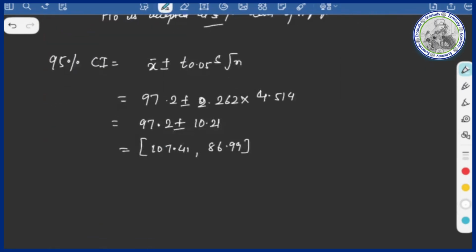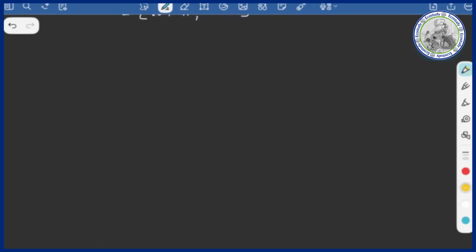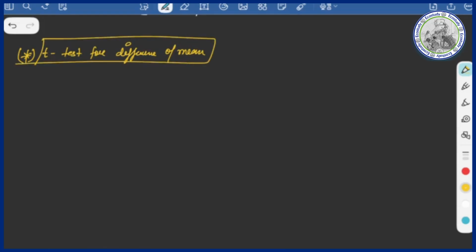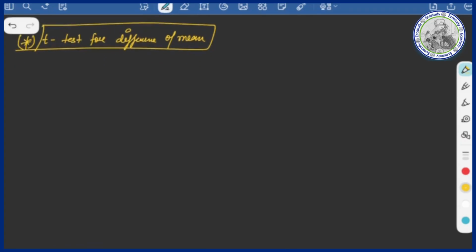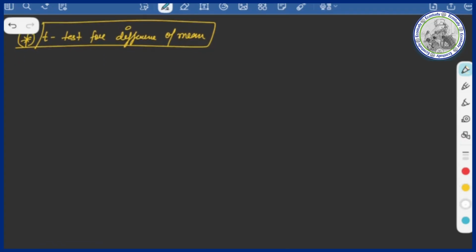Now what if we have a T test for the difference of means? I have already taught this in the previous lecture; I will just give a small brief.